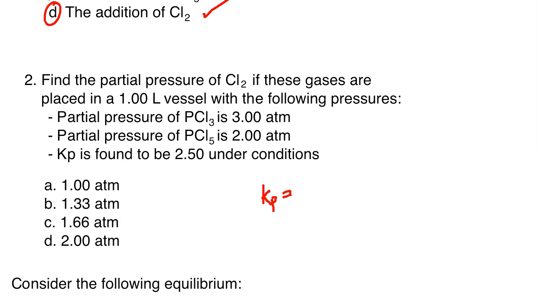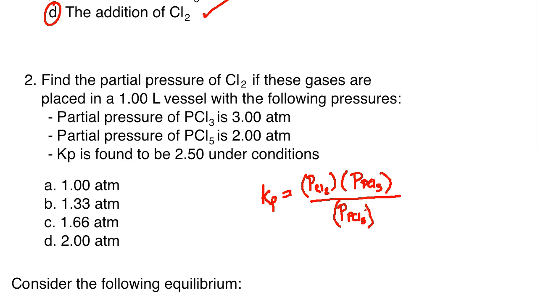So the way that I would set this up is I would have the pressure of Cl2, and the pressure, these are the partial pressures, of the PCl3, and all of this would go over the pressure of the PCl5.